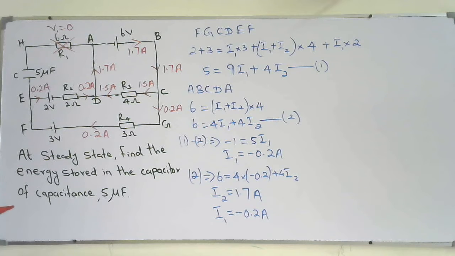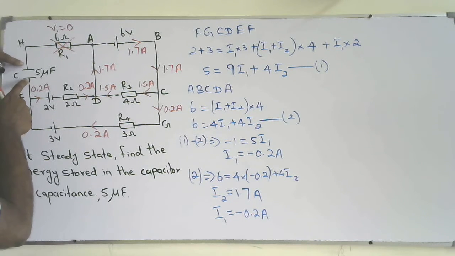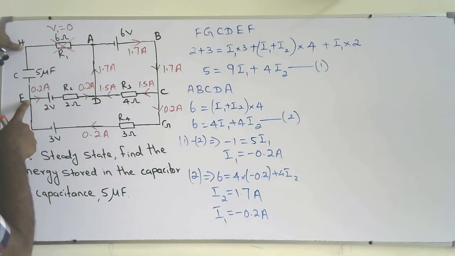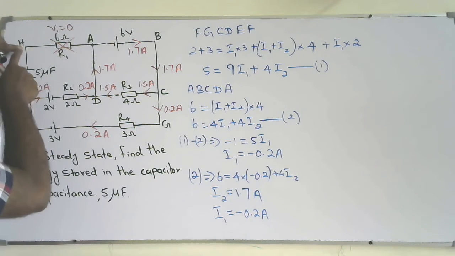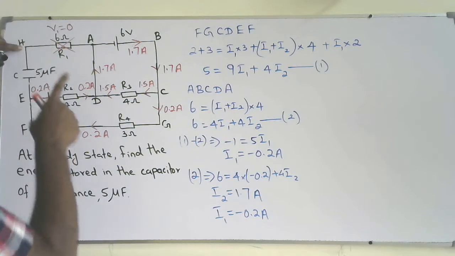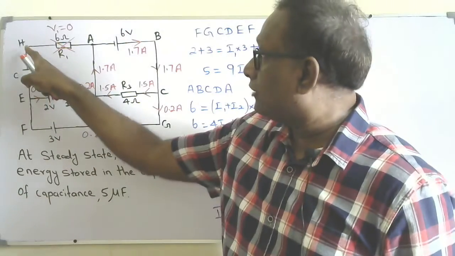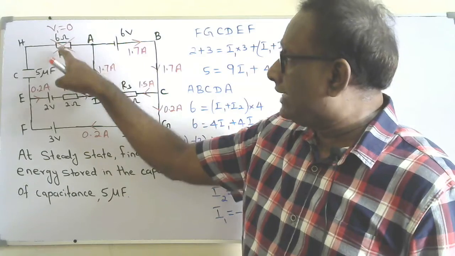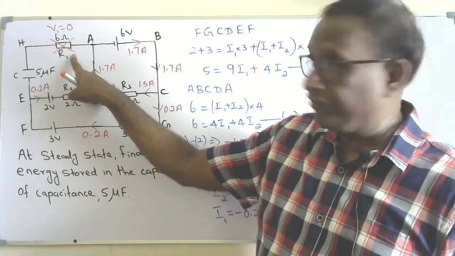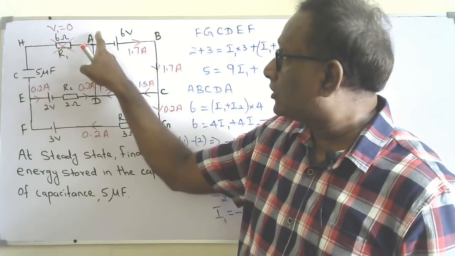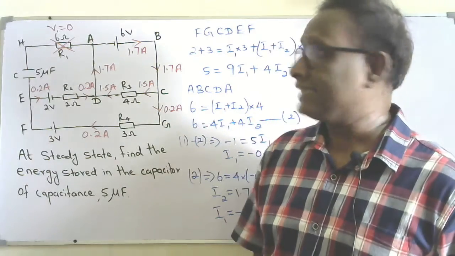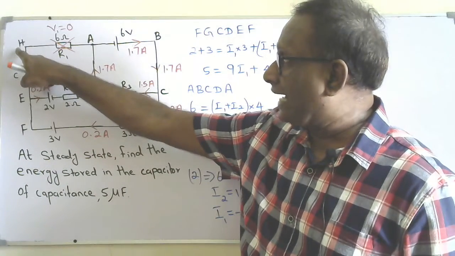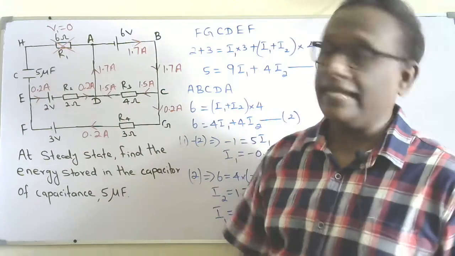I need to find the voltage across the capacitor, which is the voltage across the junction E and the point H. But H and A have the same potential, because there is no current flow through the resistor. The voltage across it is 0, so there is no potential difference between H and A. The voltage at H will be the same as the voltage at A.